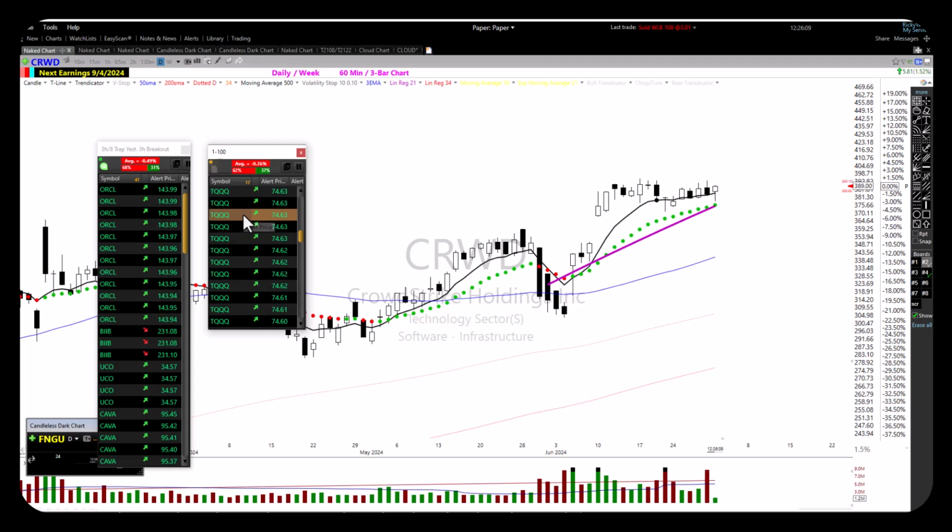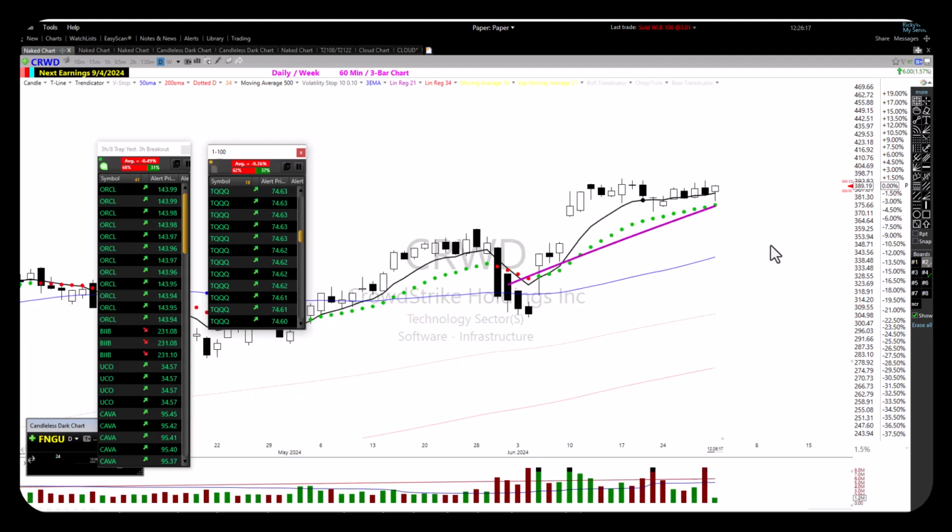A lot of traders get lost a little bit because here I am showing crowd and you can't trade crowd because it's too expensive, okay? And I totally get that. There is an answer for that. There really is. And this scan here is one that I've created for that.